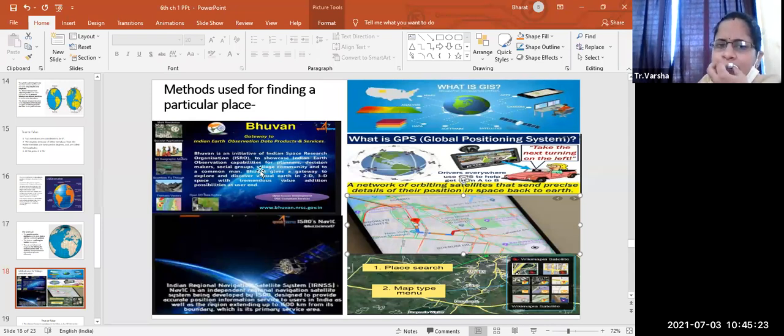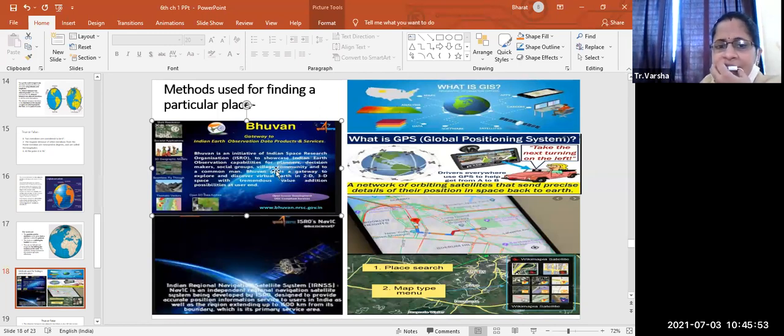Next is Bhuvan. Bhuvan is Earth observation data, products and services. The scientists have developed Bhuvan. It is from an institute, the Indian Space Research Organisation, ISRO.